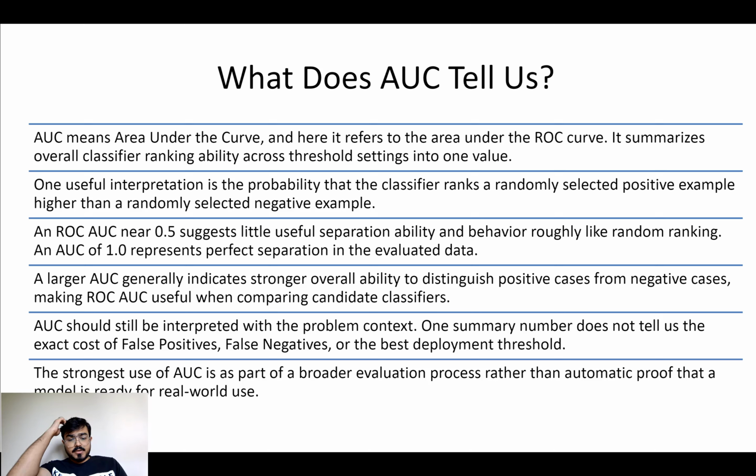Although a higher AUC usually indicates a better model, we should not rely only on this single value. AUC tells us about the model's overall ability across many thresholds, but it does not tell us which threshold is best for a specific business problem.